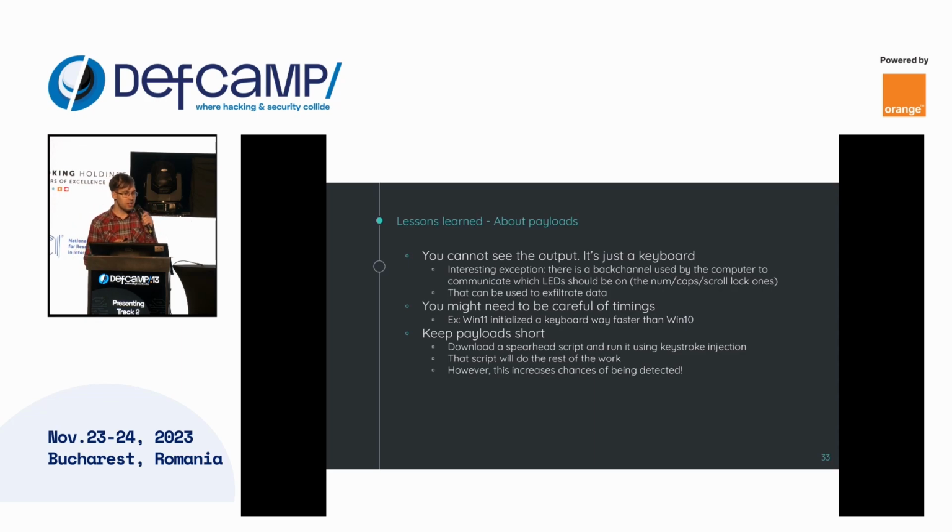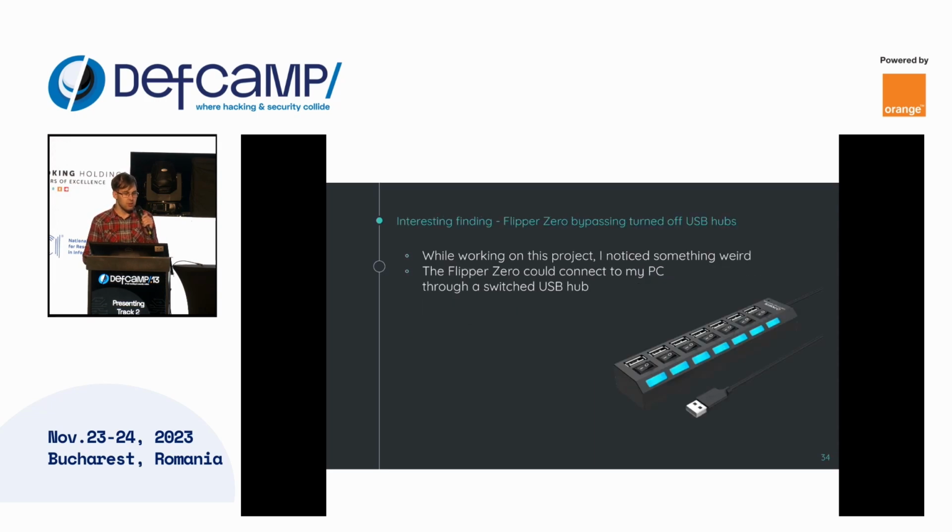Now, before going into defensive tips, let me share a very interesting finding. You know those USB hubs that have switches on them that allow you to turn off a port. Well, the Flipper Zero was able to connect to my PC through that USB hub while it was switched off.